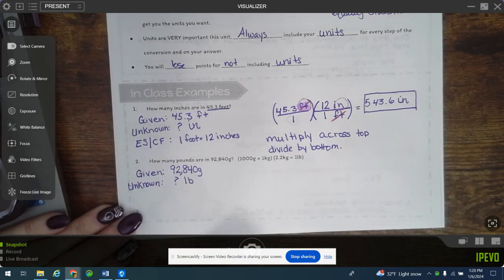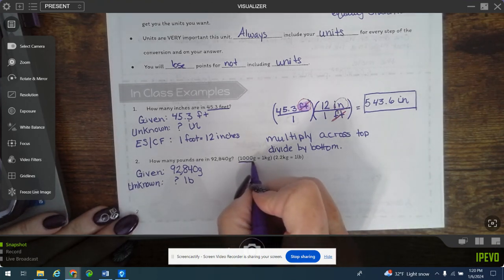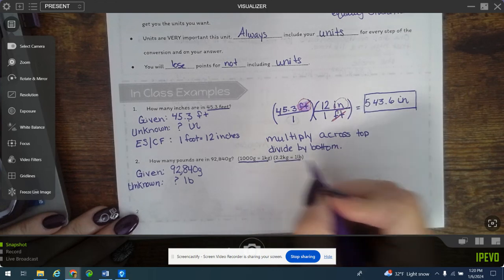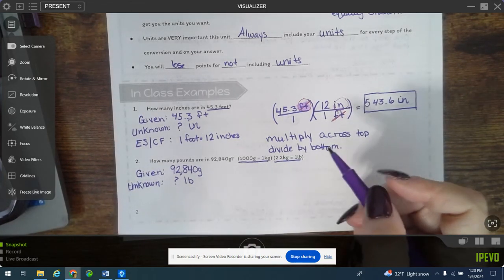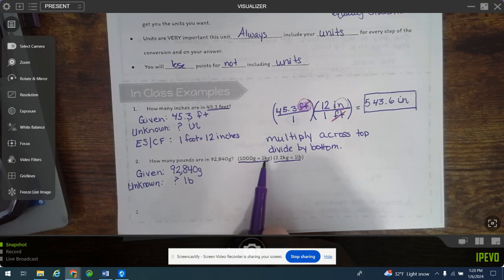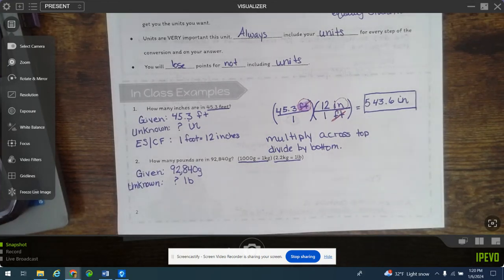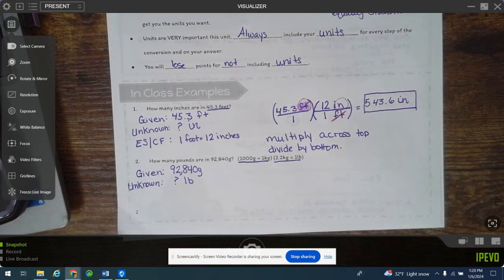My equality statements are given up here. Now notice this: there are 2 equality statements. If you look at this, we're trying to get from grams to pounds. With the equality statements I've given, I'm going to go from grams to kilograms and then kilograms to pounds. So this technique of dimensional analysis allows us to use multiple steps to get between units.